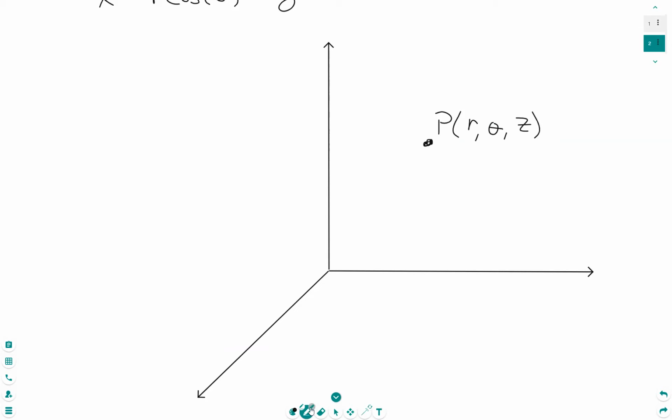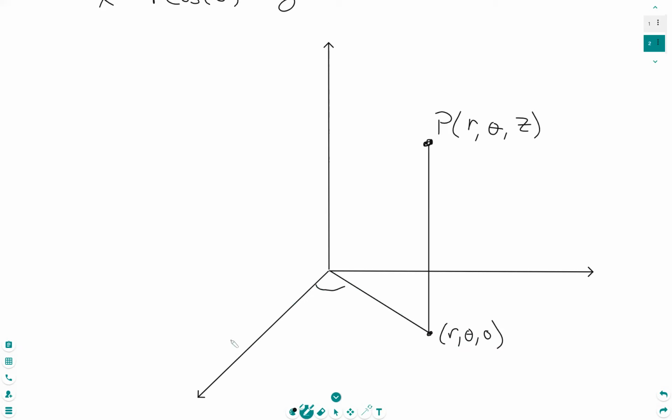So what I'll do first is I cast a shadow down onto the XY plane. And then I have a line that goes from the origin in the XY plane out to that shadow point. So here I have the point r, theta, 0.